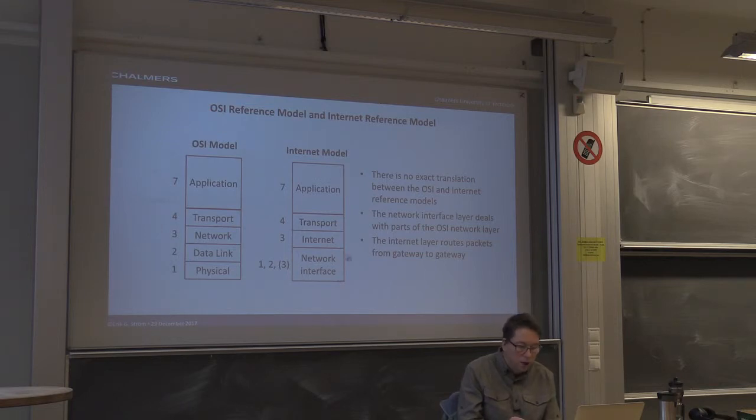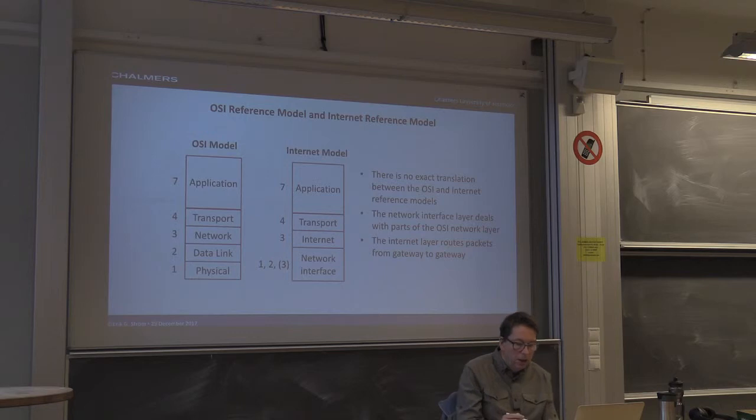So the lowest layer in the internet model, the network interface layer, has basically layer 1 and 2 of the OSI model, and then parts of 3. While the internet layer here is basically the network layer in the OSI, but some of that functionality has found its way down here. So there is no direct connection between them. The transport layers are basically the same, and also the application layers.